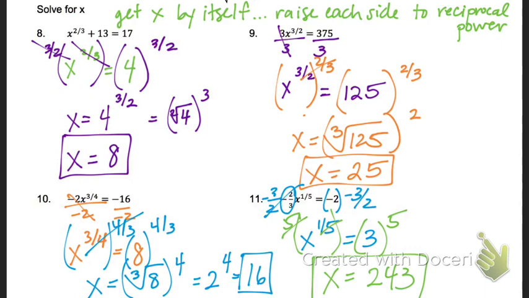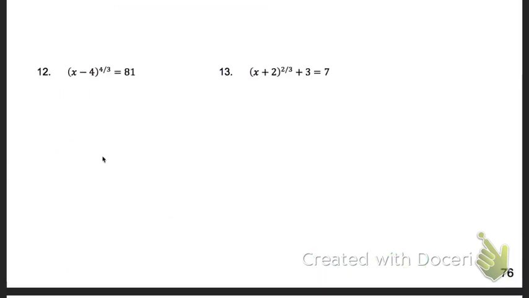Okay, last 2. Since you have this stuff in parentheses, the only way to get rid of it is to raise to the reciprocal. So raise each side to the 3/4. Then you're going to do the stuff in parentheses last.